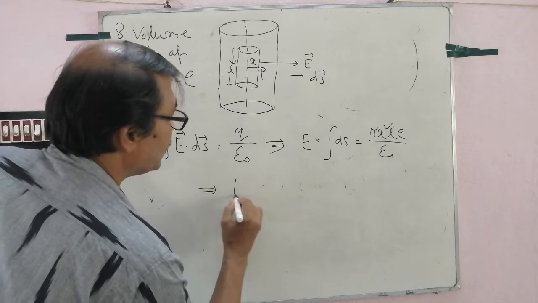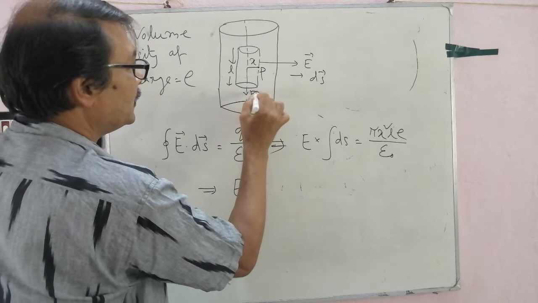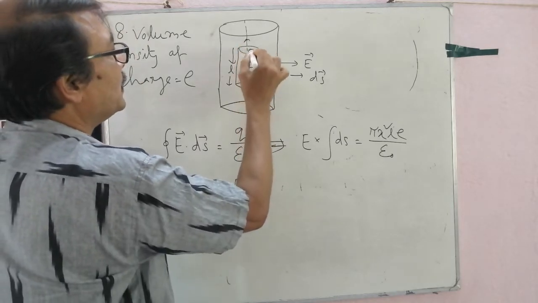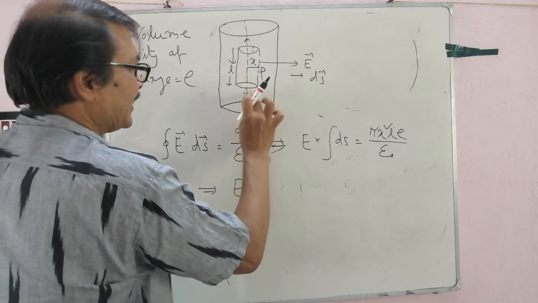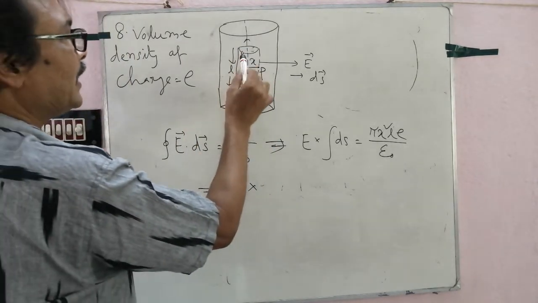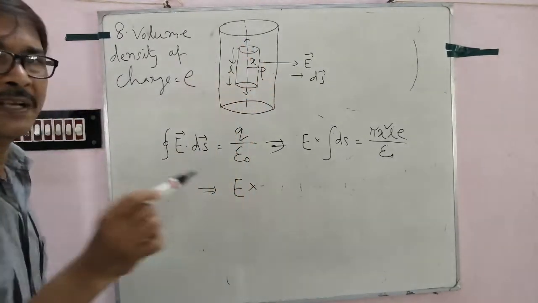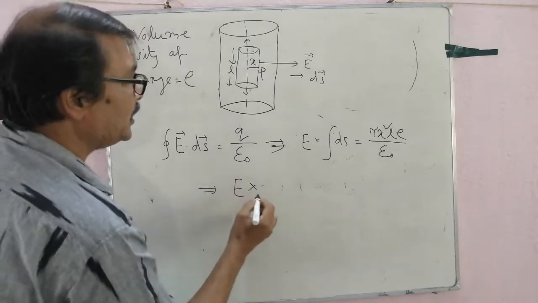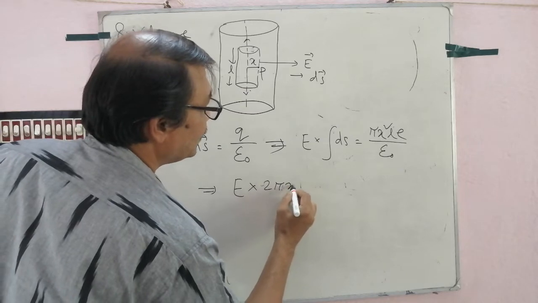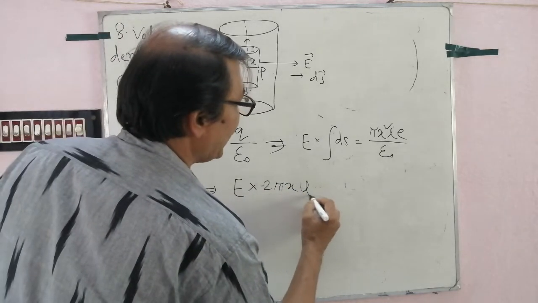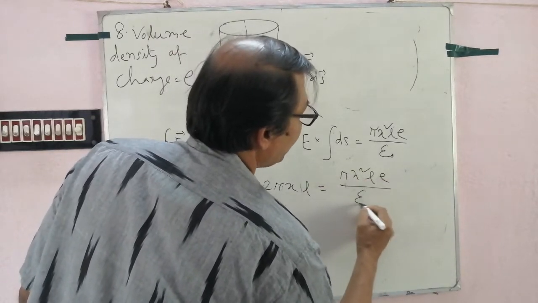Again, next line, E into what is the curved surface? We know the flux here is 0, and here is 0. In my second class lecture, for a cylinder, the flux through the plane surfaces is nil, because E and ds are mutually perpendicular. So E into the curved surface area 2 pi x L equals pi x square L rho by epsilon naught.